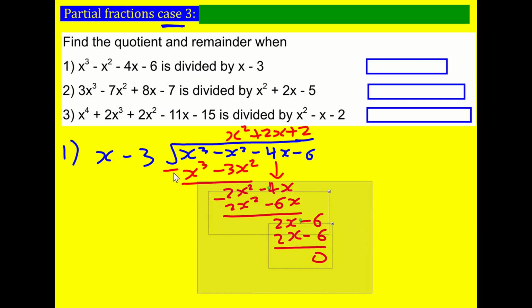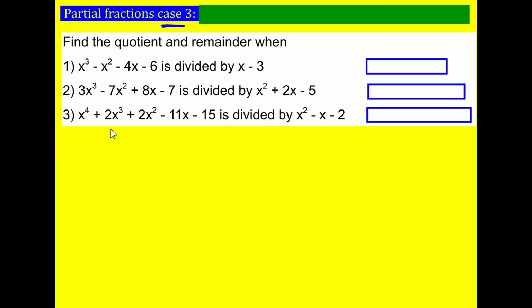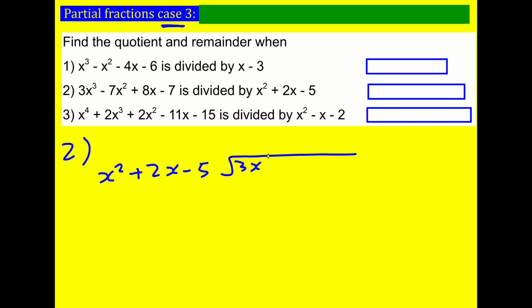I'm going to delete this and start again. Number 2. Now we are doing x squared plus 2x minus 5 into 3x cubed minus 7x squared plus 8x minus 7.